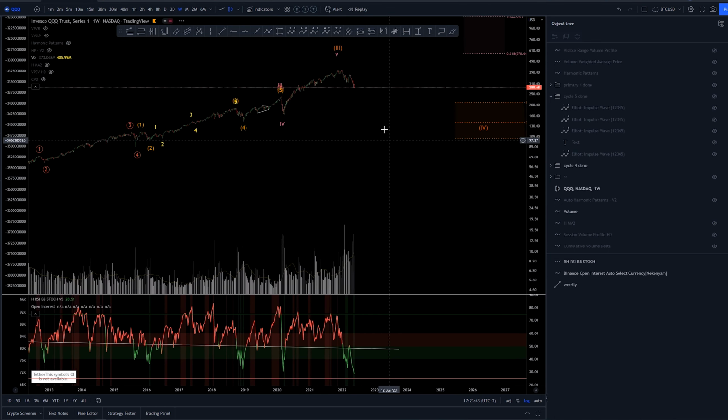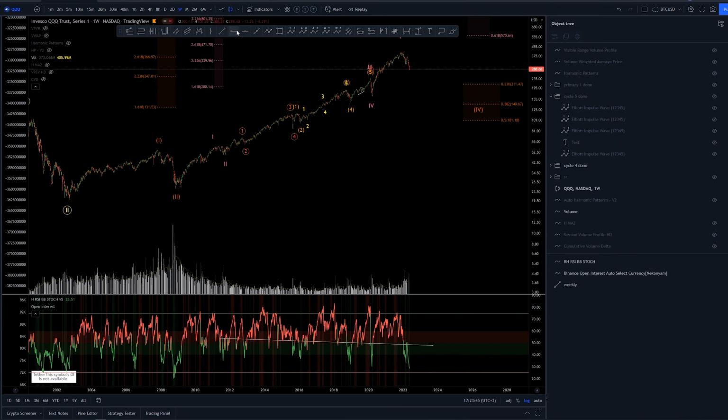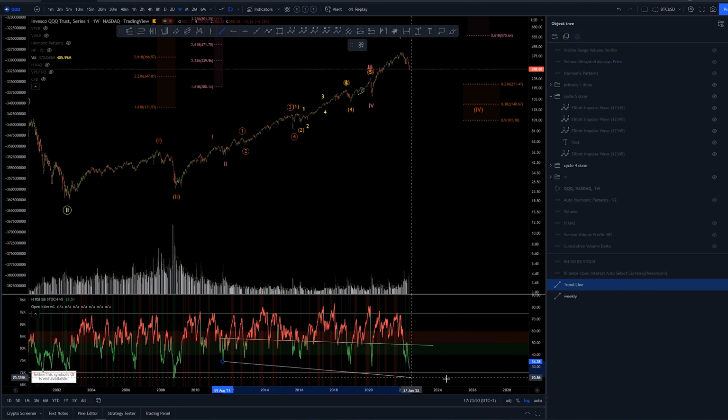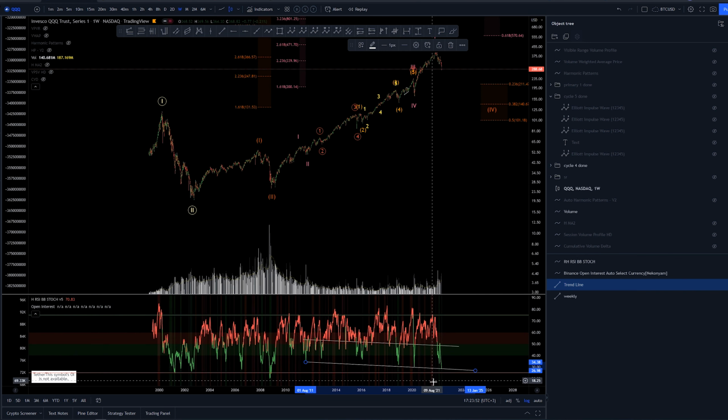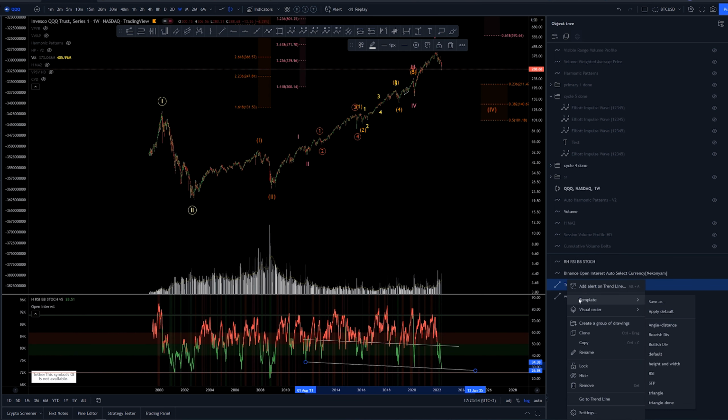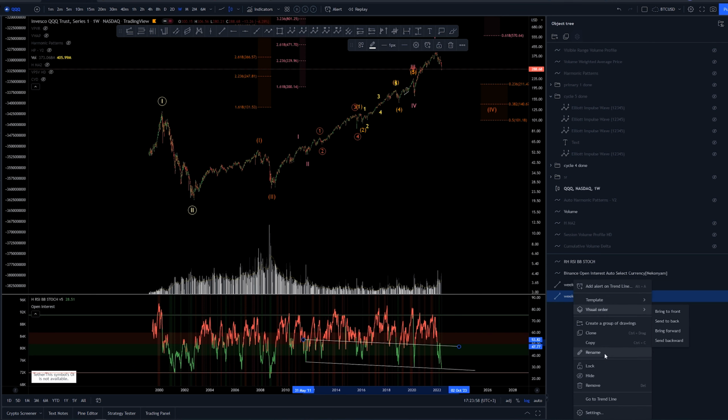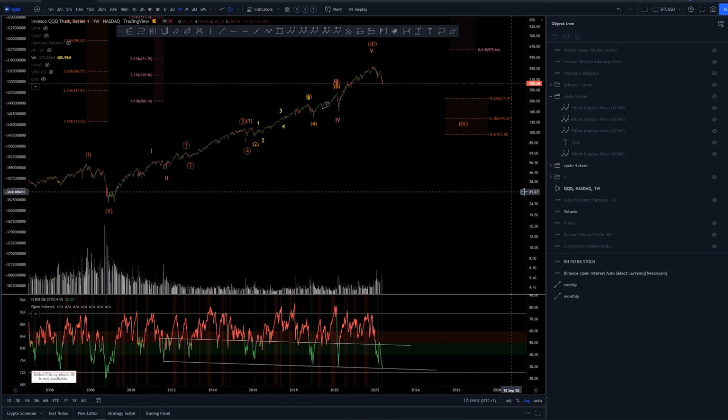Now on monthly, this is a bit different looking. There is a trend line, but it is not as clear. We could be drawing it like this, and this time it is not broken. This one actually was monthly. There we go.